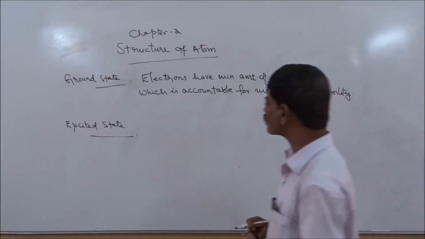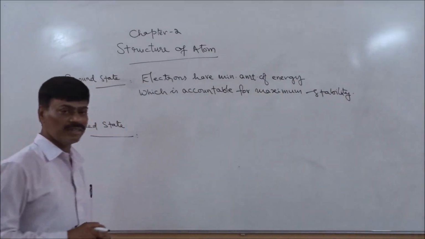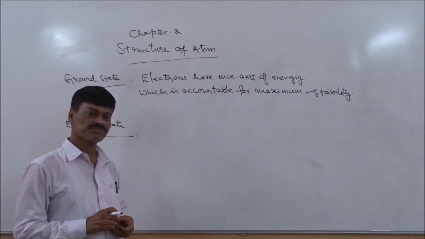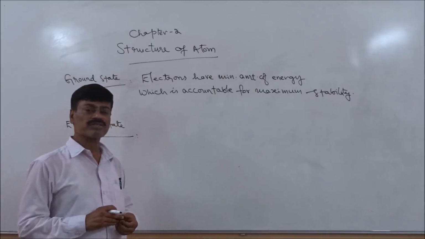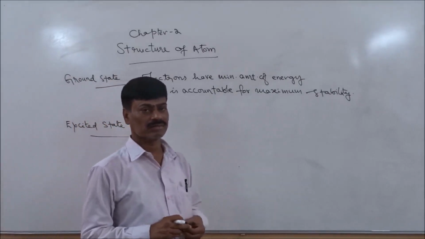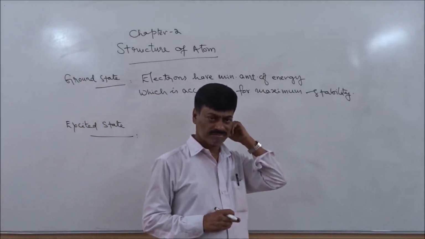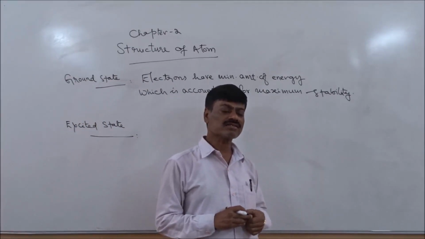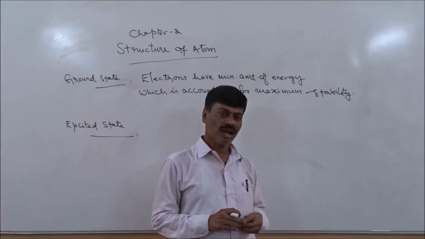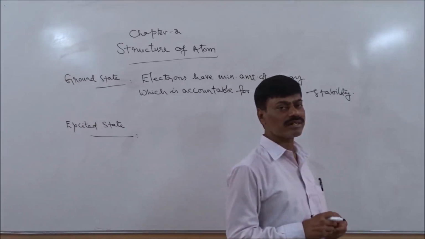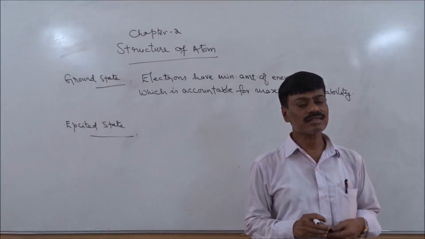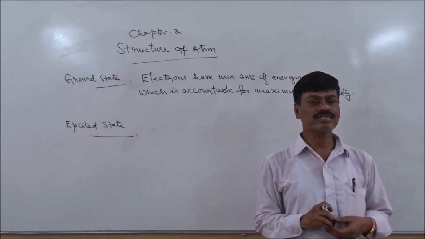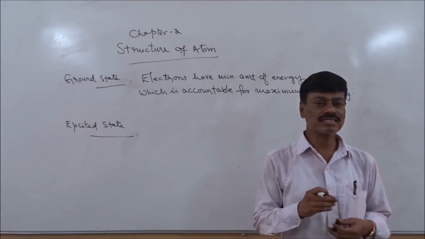How can electrons get extra energy? Each electron has particular amount of energy in ground state. If the amount of energy possessed by the electron is increased, means when it becomes maximum, then that electron is said to be unstable, and immediately that electron will take a jump to the next subshell of the same main shell, or it may take a jump to the next shell.